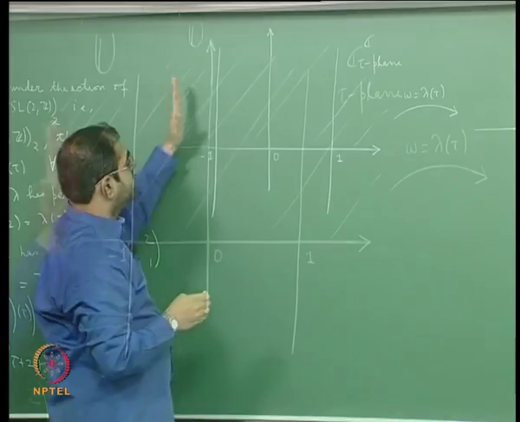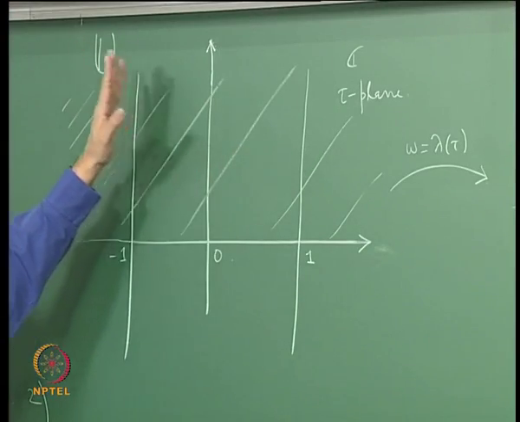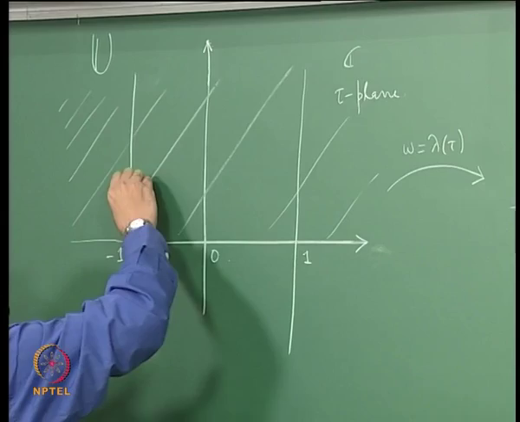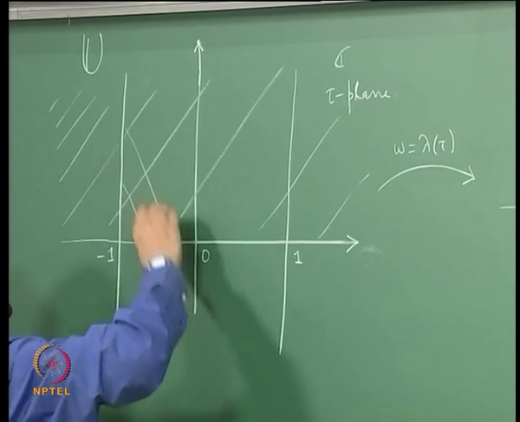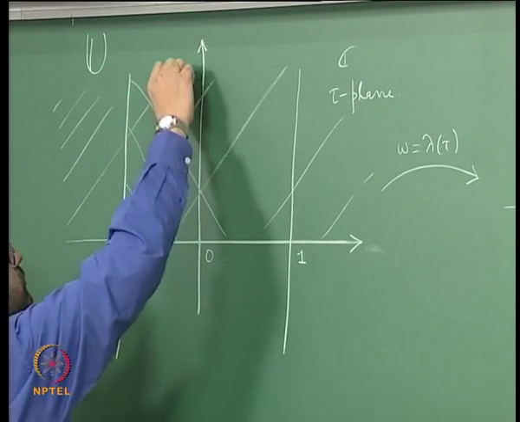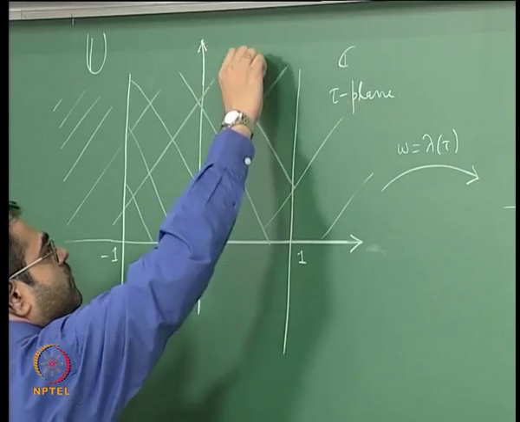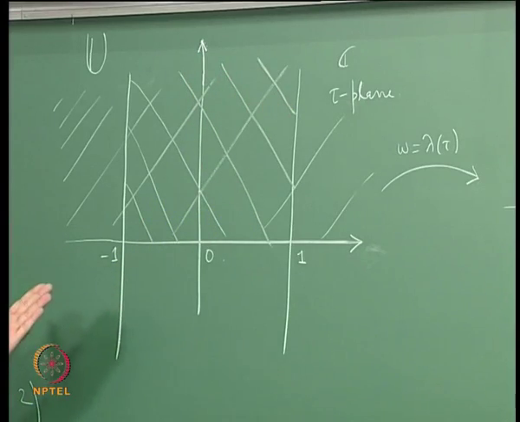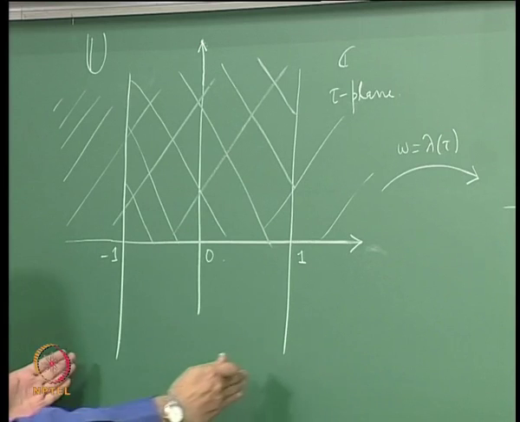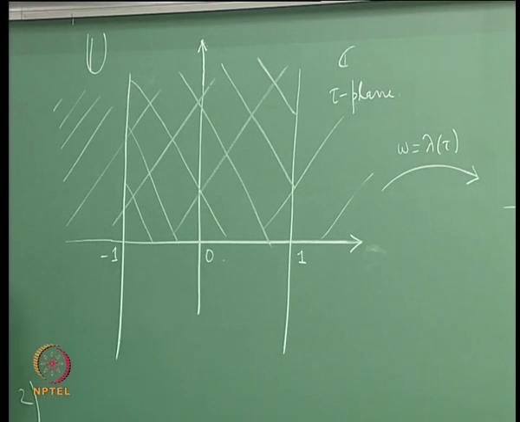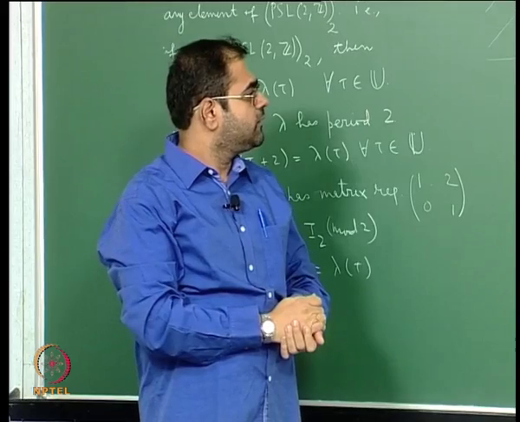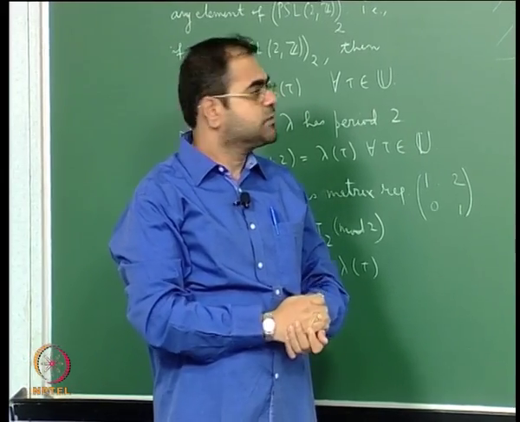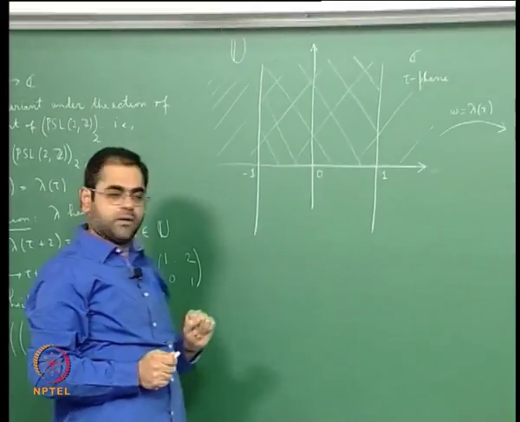So it's enough to study the effect of lambda on this shaded region. You can restrict to a vertical strip of horizontal length 2. So it's enough to study lambda only here.